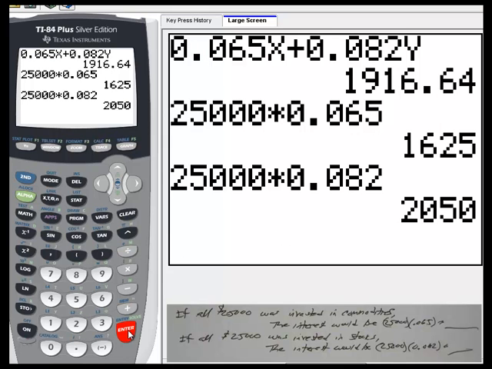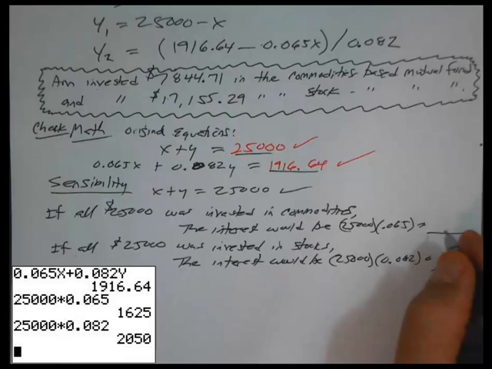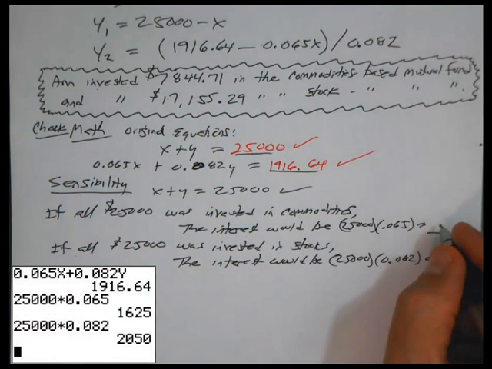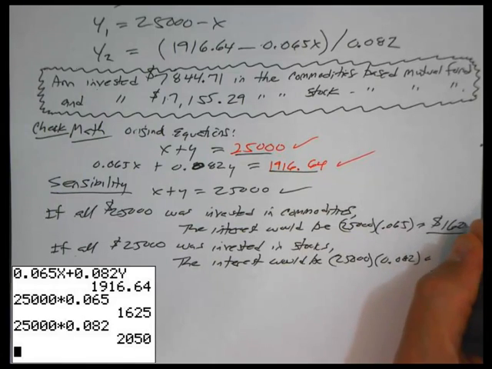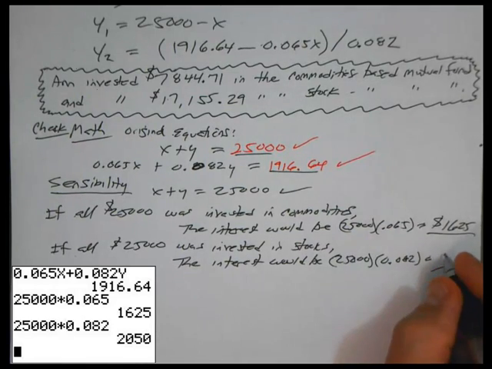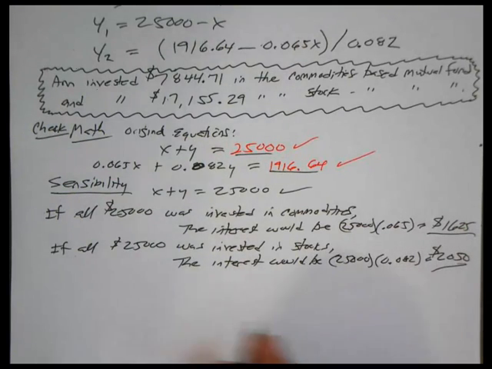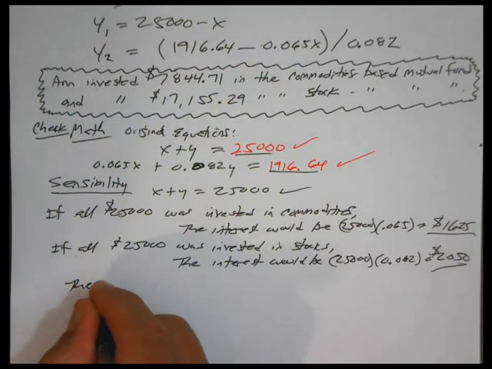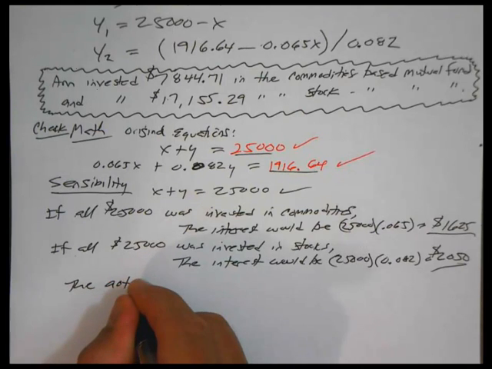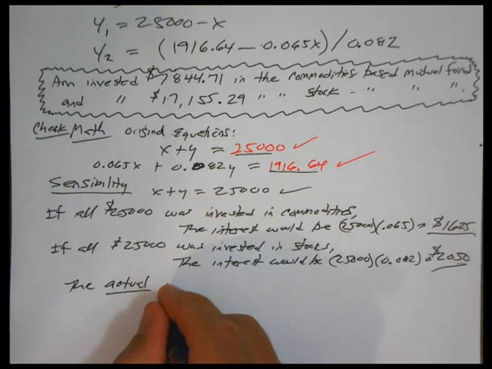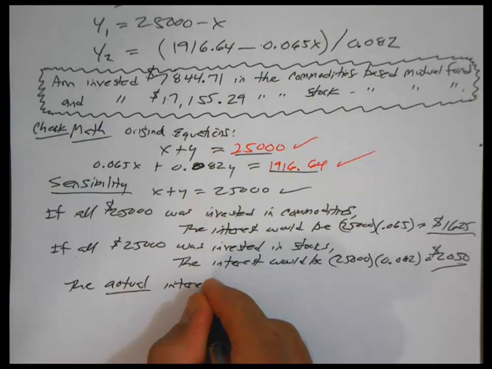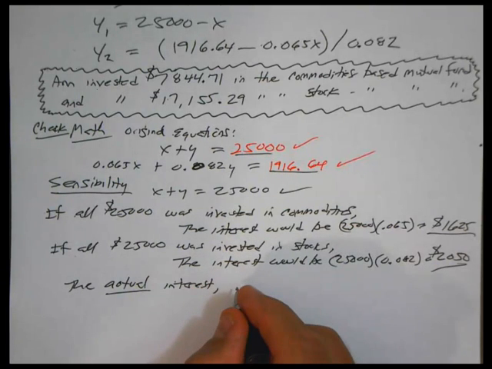Let's put these numbers on our paper and think for a minute. So here we came up and had 1625. In this second case, it was 2050. Now, the actual interest, which was the 1,900.